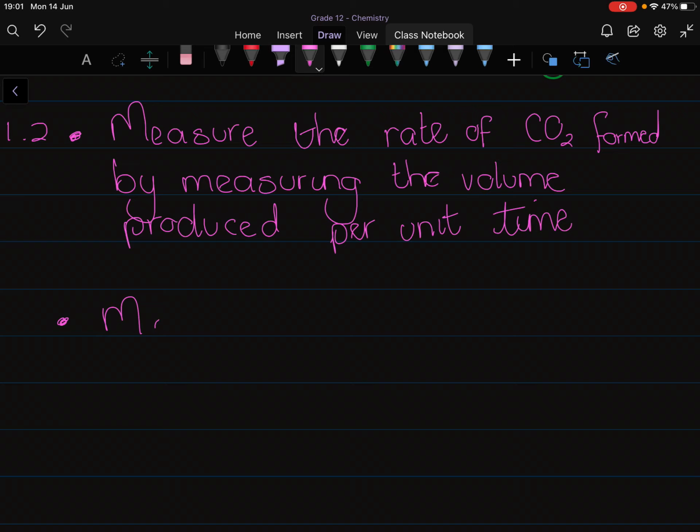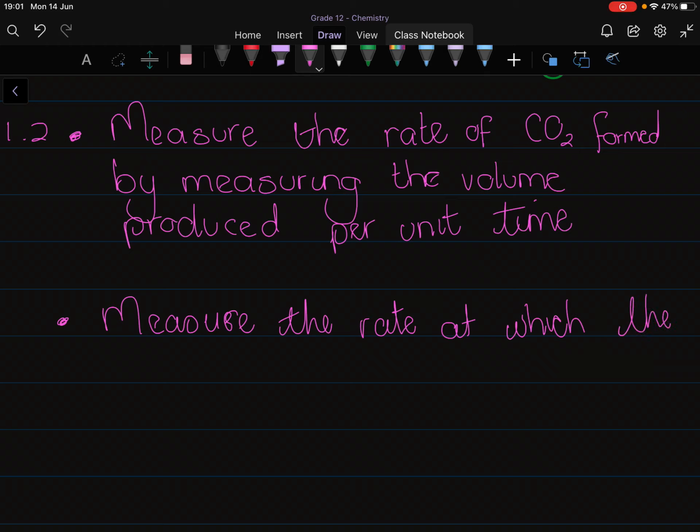My second option is to measure the rate at which the mass decreases. How?